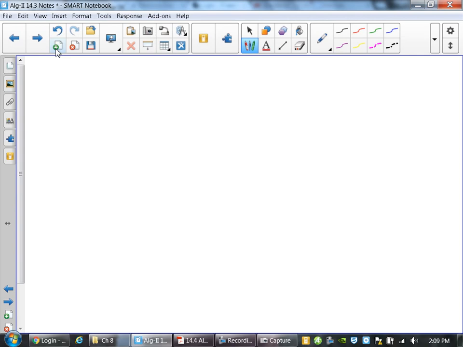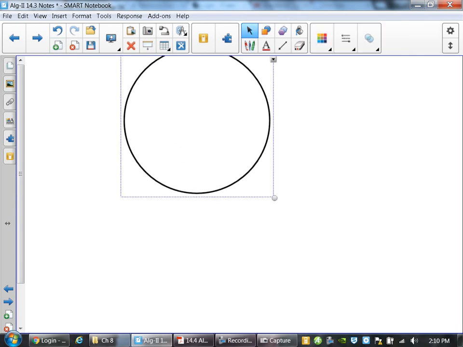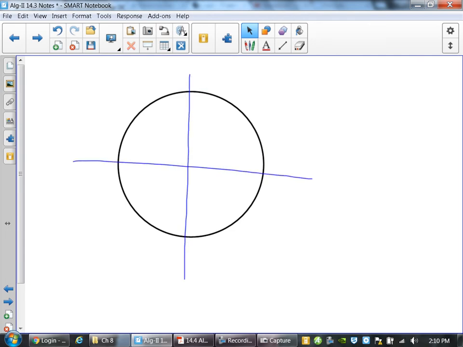Let me show you something cool. Unit circle? You okay with that? You don't have to draw this. What's the radius of the unit circle? 1. Okay.